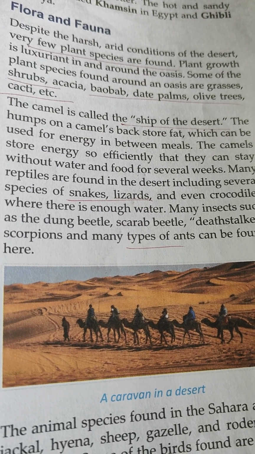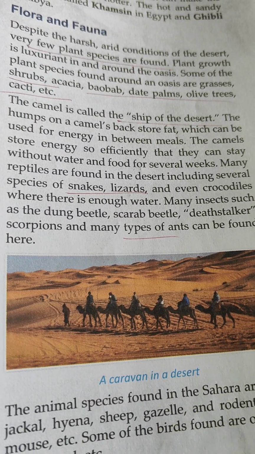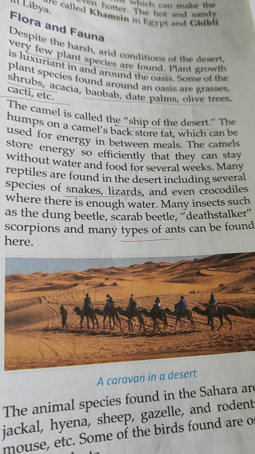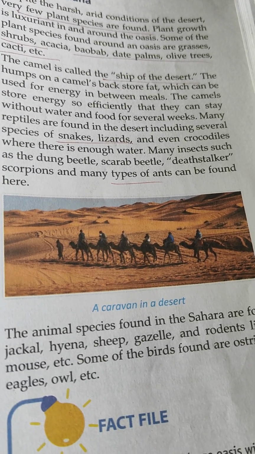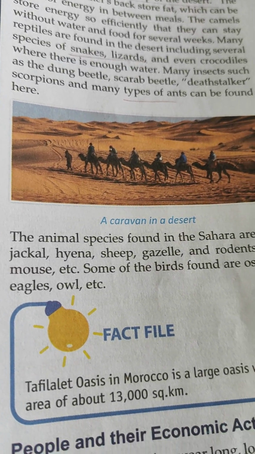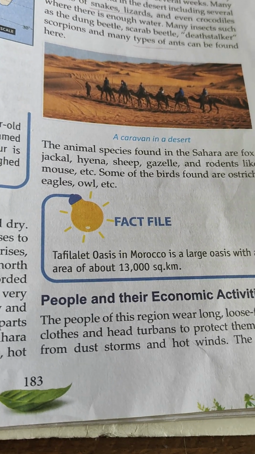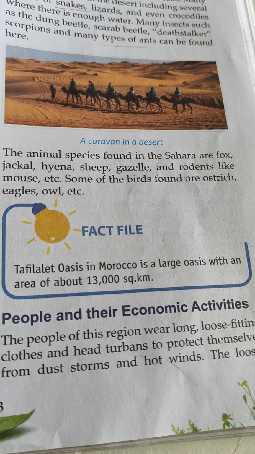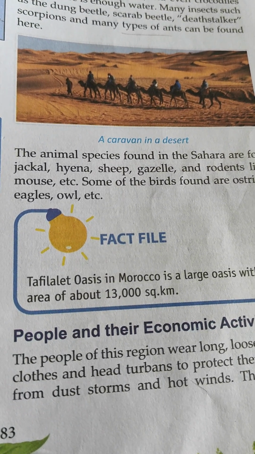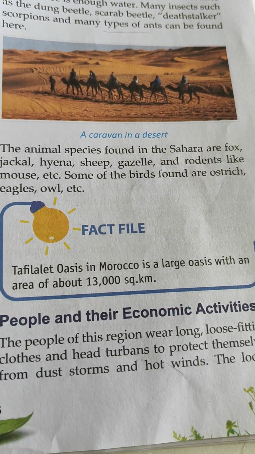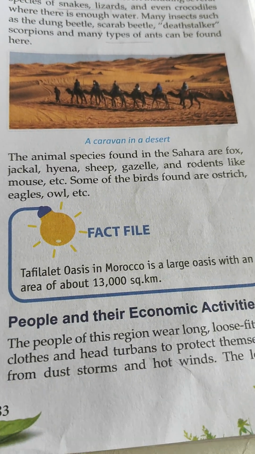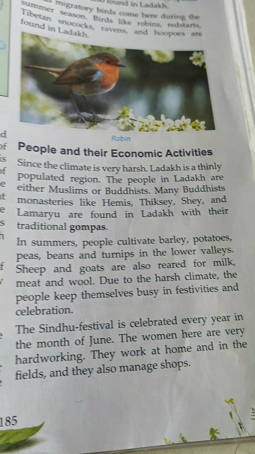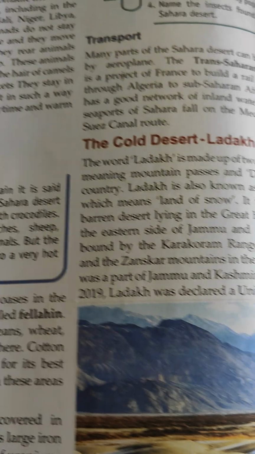Some other animals found in this region are snakes, lizards, crocodiles, etc. Beetles are also found. Animal species found in the Sahara: fox, jackal, hyena, sheep, gazelle, rodent, mouse, ostrich, eagles, owl.